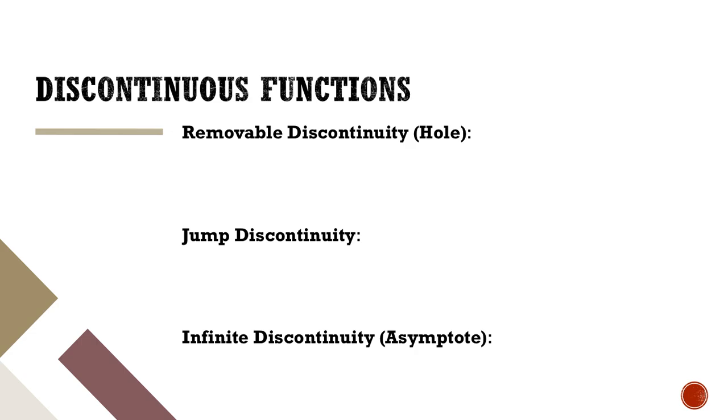So we're going to talk about the 3 steps and which one is which when those things fail. Removable discontinuity is going to occur when step 1 fails, but step 2 doesn't fail.